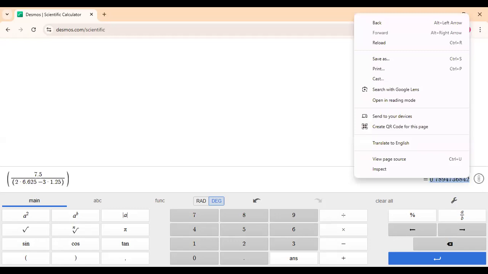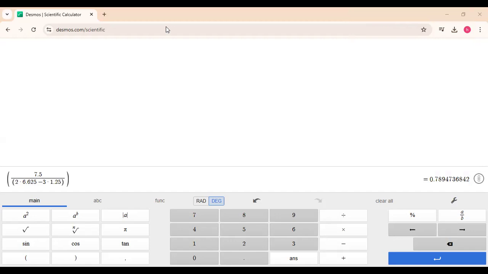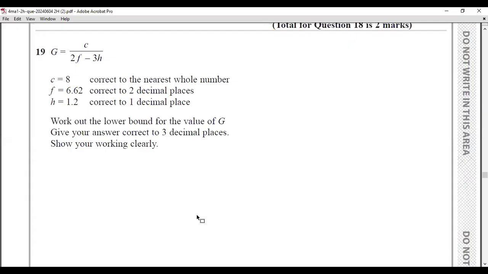So the minimum value of G is what we got: 0.78964. 0.78964 is your minimum value.